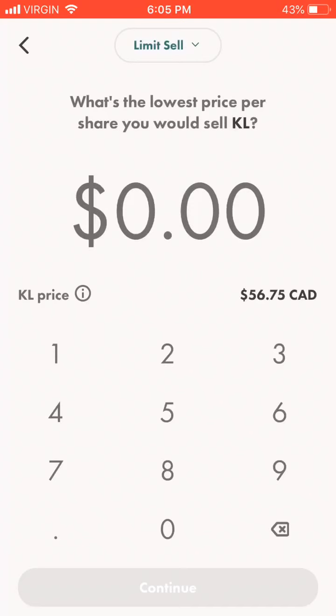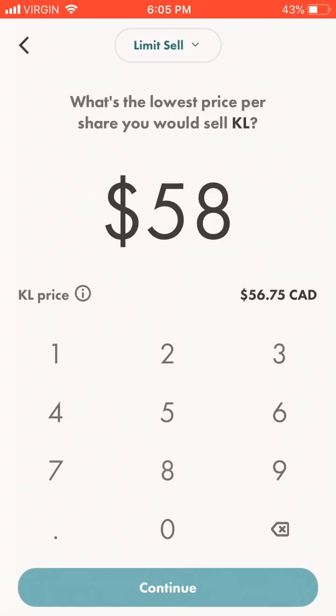Just enter the lowest price you would sell KL at. Let's say the lowest price I'm willing to sell is $58.